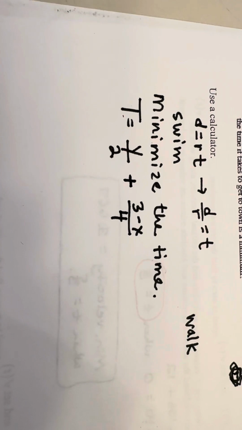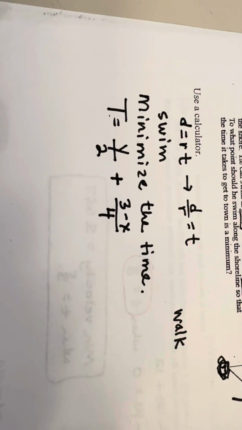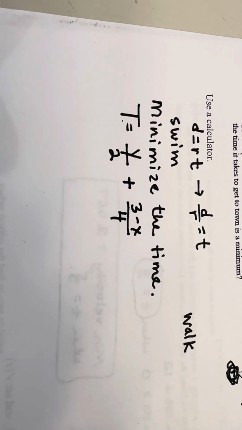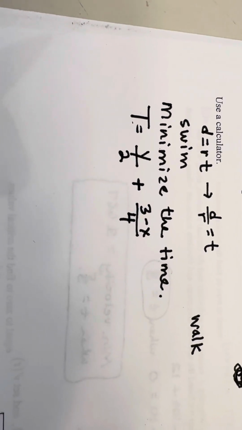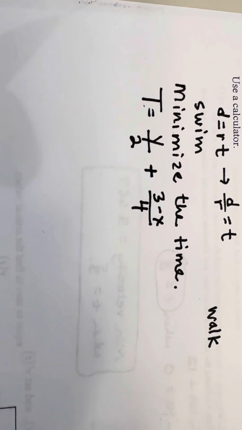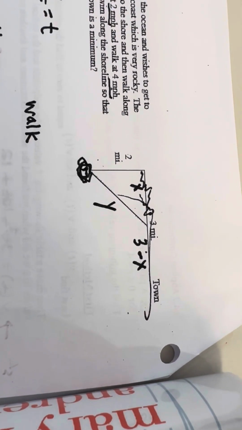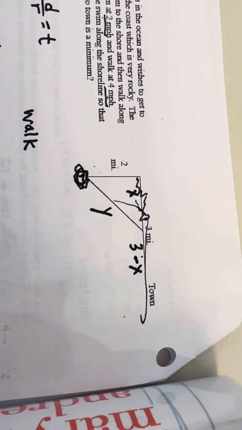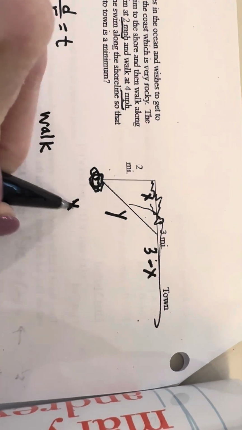We have to minimize this function, which means the second step is to figure out how to relate the two variables x and y so that you have one variable when you differentiate. So we're going to come back over to our triangle and use it to figure out y in terms of x. From that triangle, x squared plus 2 squared equals y squared.